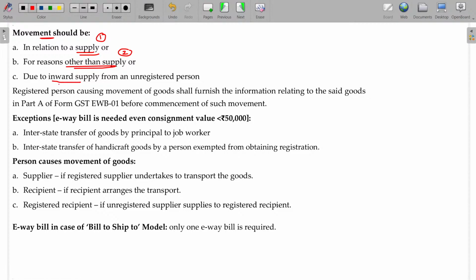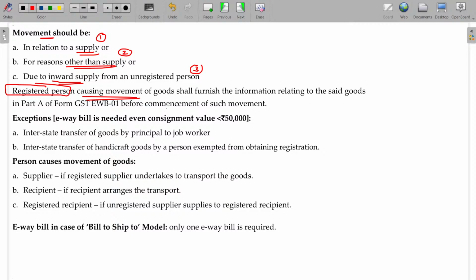Due to inward supply from an unregistered person: if you are getting it from somebody else, it's inward supply. In that case also it is considered as movement of goods. So you have to prepare the e-way bill. Who has to prepare? A registered person causing movement of goods.